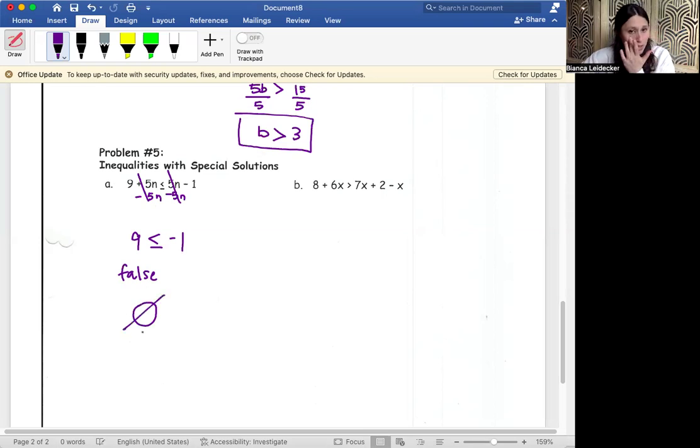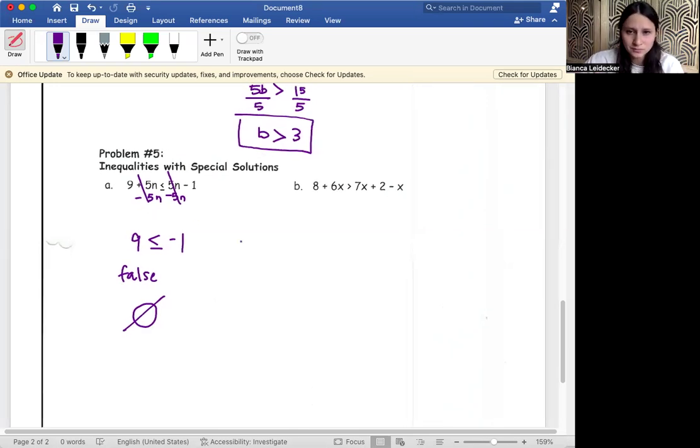Remember, we call these problems no solution because there's literally not any value you could put in place of your variable and have a number sentence that's true. Looking at B, if I were to first combine my like terms here, 7x minus x would be 6x plus 2.